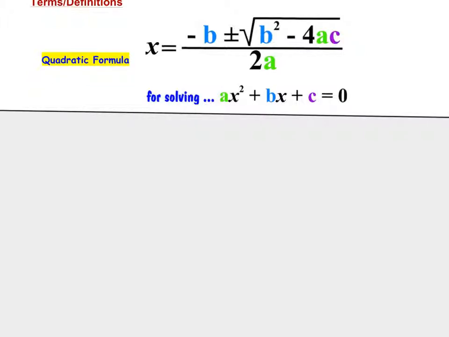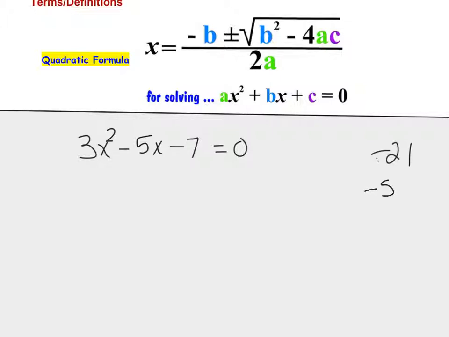So for example, if I gave you 3x squared minus 5x minus 7 equals 0, and I did the product of ac, I would get 3 times negative 7 is negative 21. That adds up to negative 5.